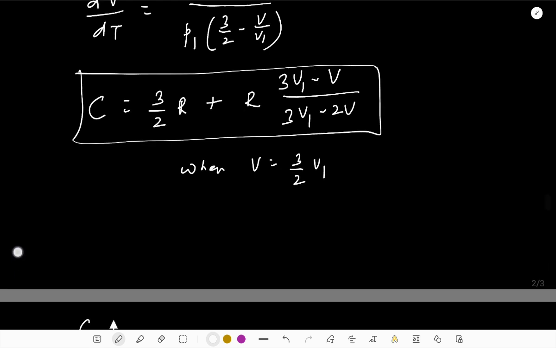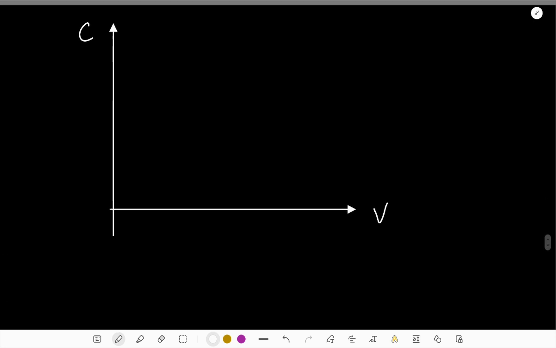So you will need to draw an asymptote at V equals 3 by 2 V1, and you have to draw the graph between V1 and 2V1.